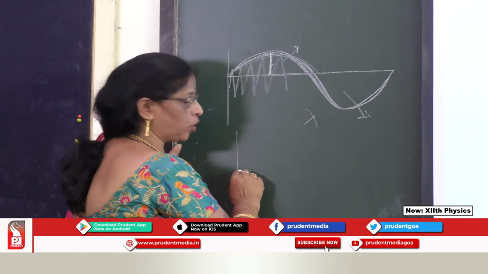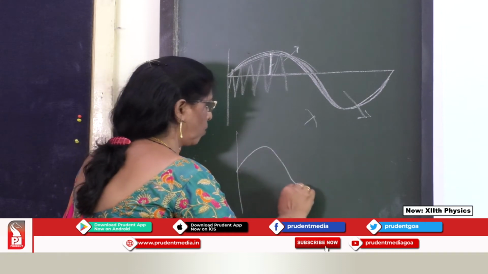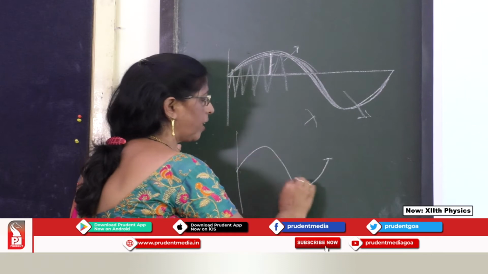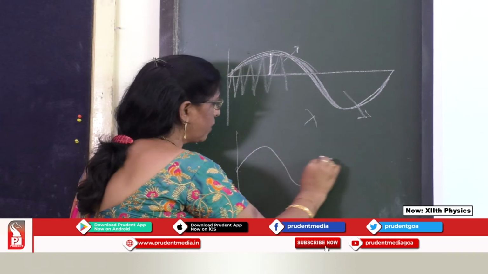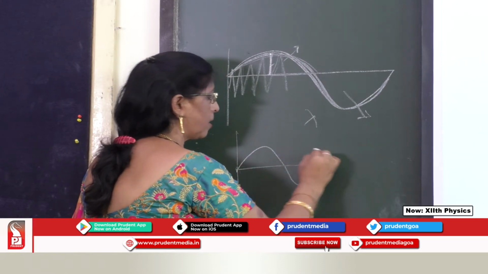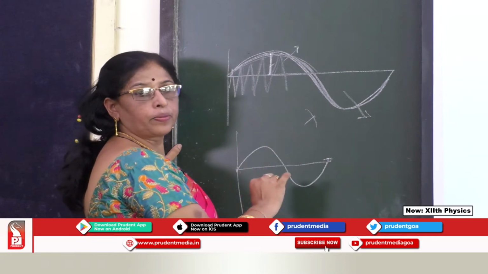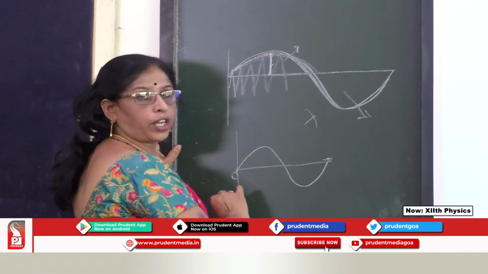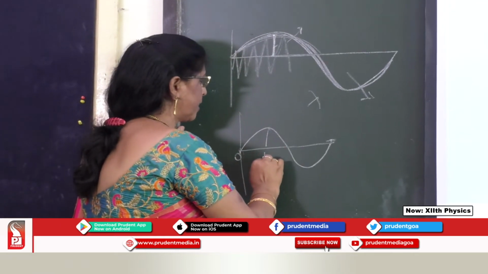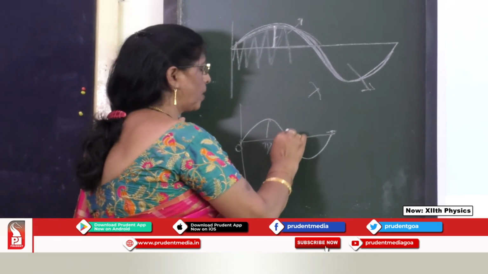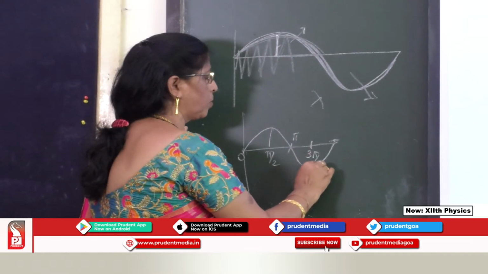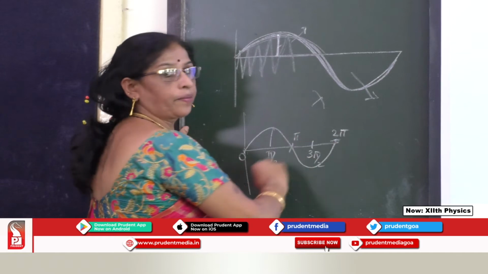It is not that the first one travels over and goes here. By the time it reaches, this particle has reached here. When it reaches here, it crosses an angle. This one we can take as 0, here we take it as pi by 2, this one we take as pi, this is 3 pi by 2, and this is 2 pi.